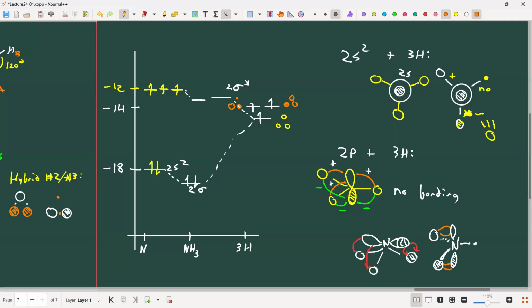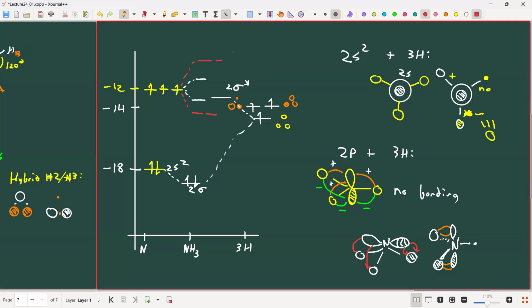So I form a bonding combination between the other 2 p orbitals and these sigma orbitals, those hydrogens. So I form a pair of pi-like orbitals. I've got to forget the antibonding orbitals, right? Where I get pi and pi star. Like that.